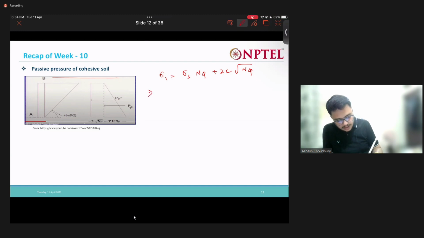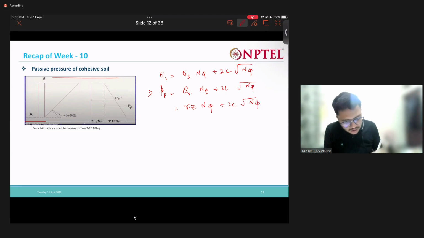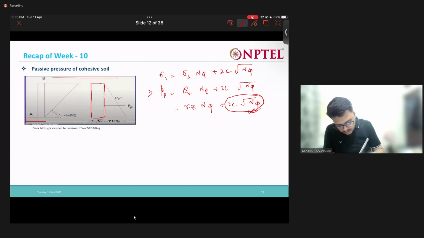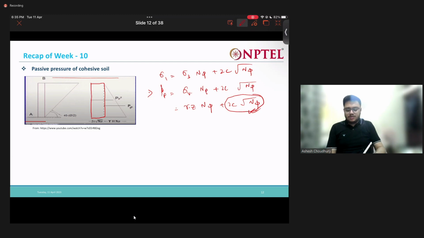So sigma 1 is my passive pressure, which is gamma Z N phi plus 2c root N phi. So a fixed amount of pressure, equal to this much, will be acting all throughout the depth for a cohesive soil, a c-phi soil.